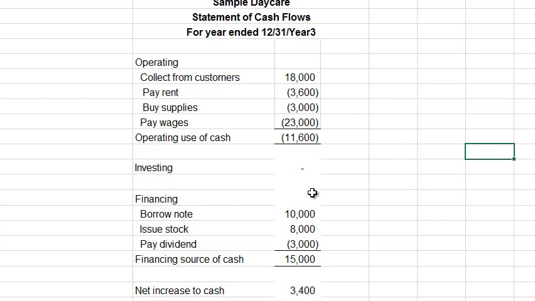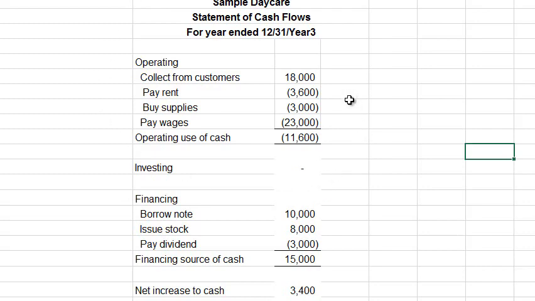Companies are allowed to use either a direct method or an indirect method to present this operating section of their statement of cash flows. Later, when we look at how financial statements can be made more useful and the types of subtotals and presentations that companies generally use, we'll also take a look at the indirect method of statement of cash flows.